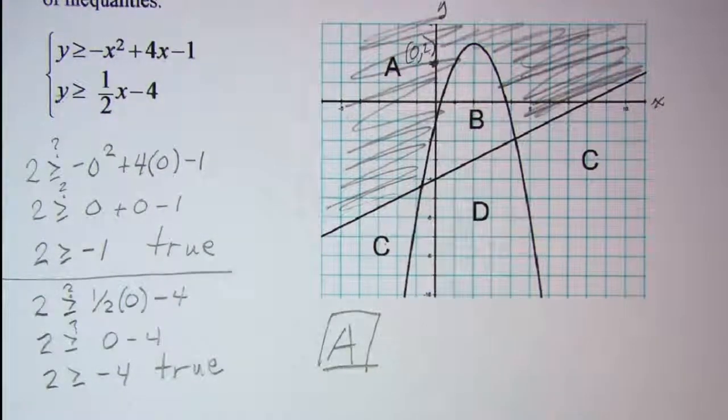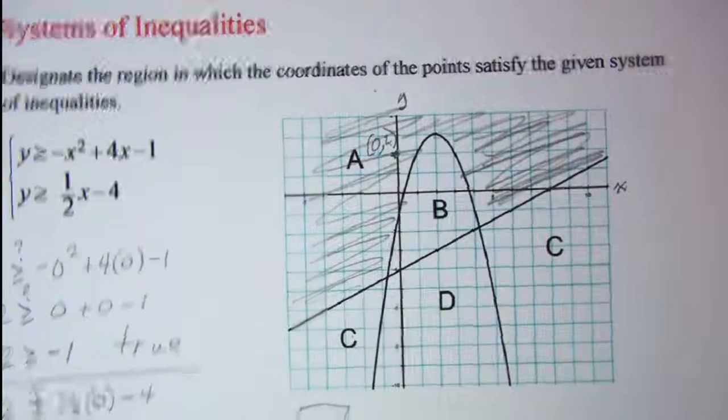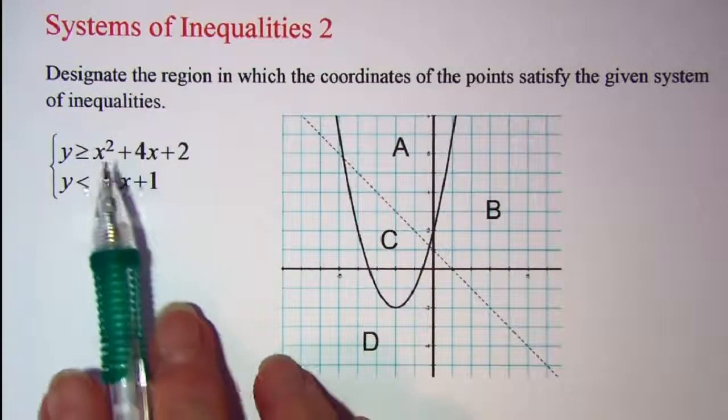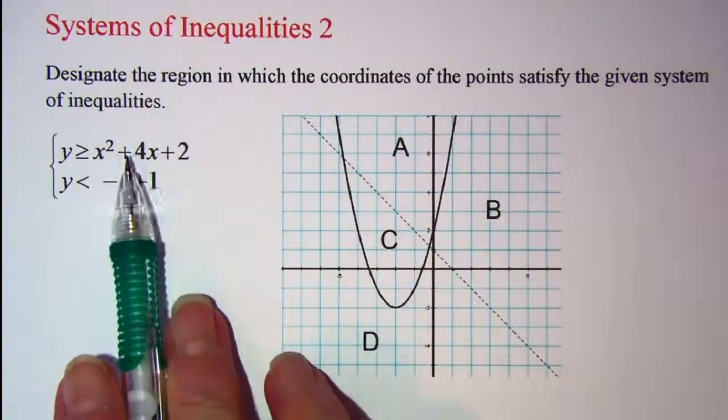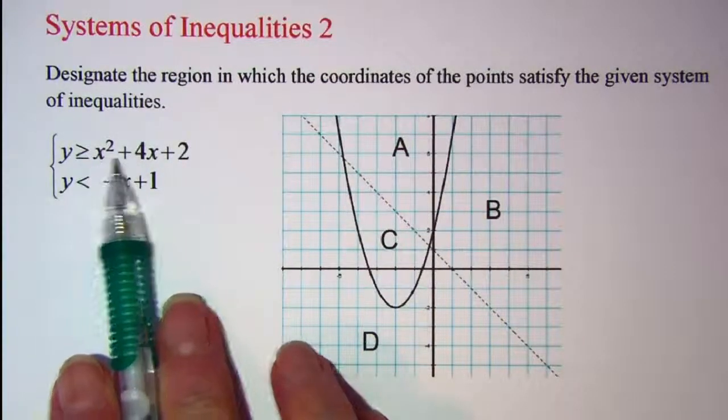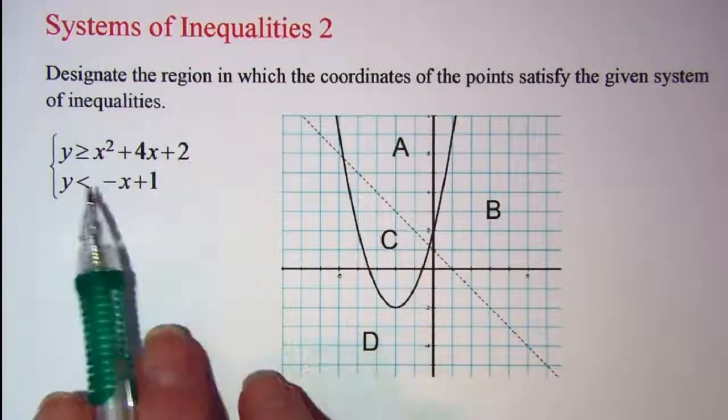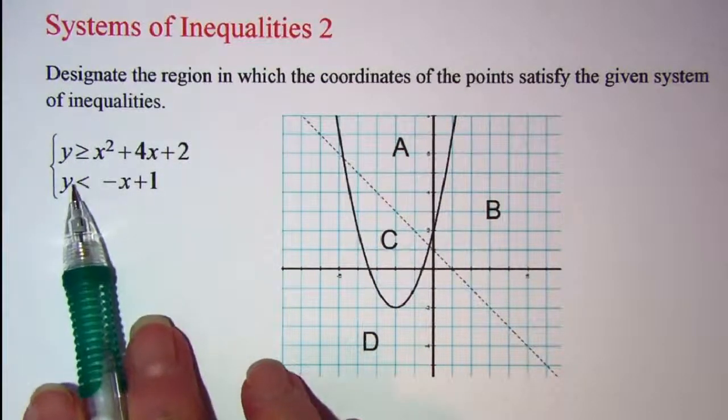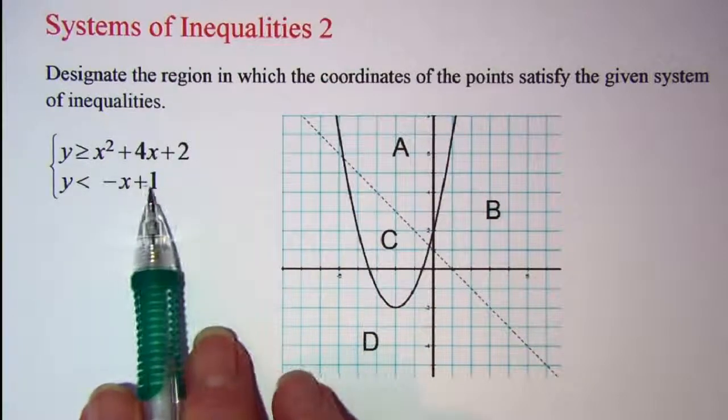Let's do another one. Alright, on this one we have y is greater than or equal to x squared plus 4x plus 2. And notice y is less than negative x plus 1.